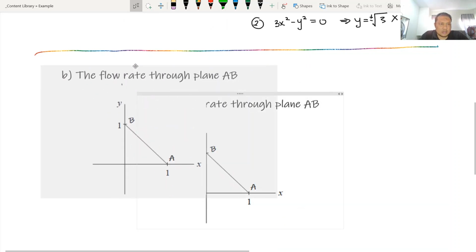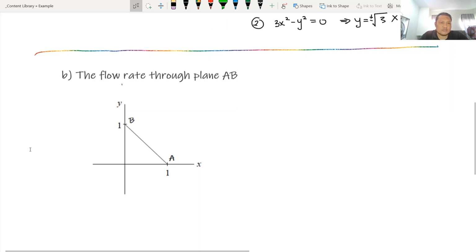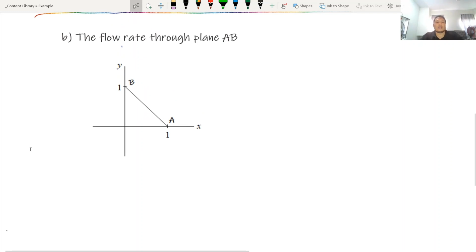Question B asks us to calculate the flow rate through the plane AB.